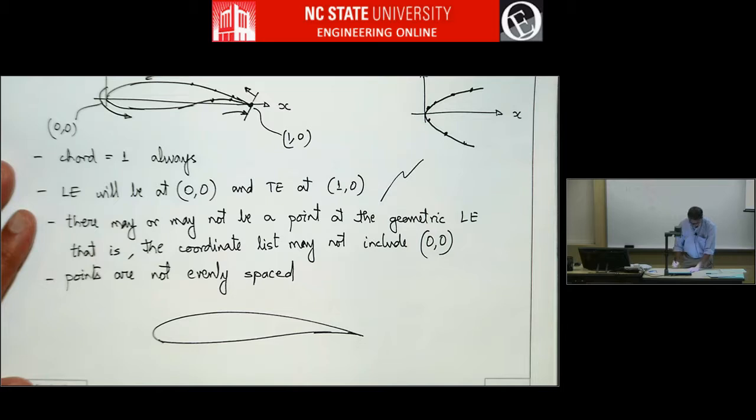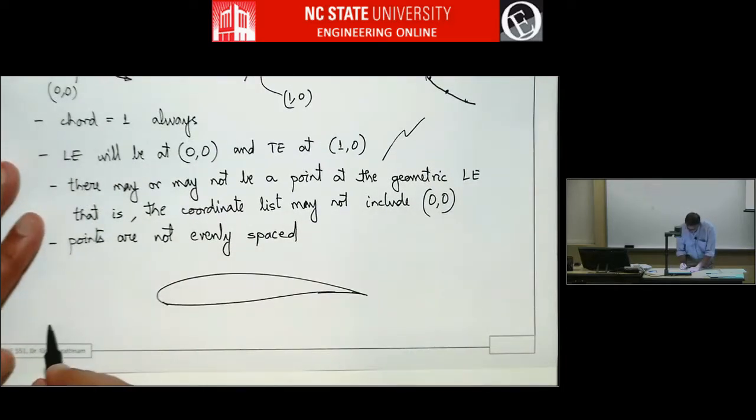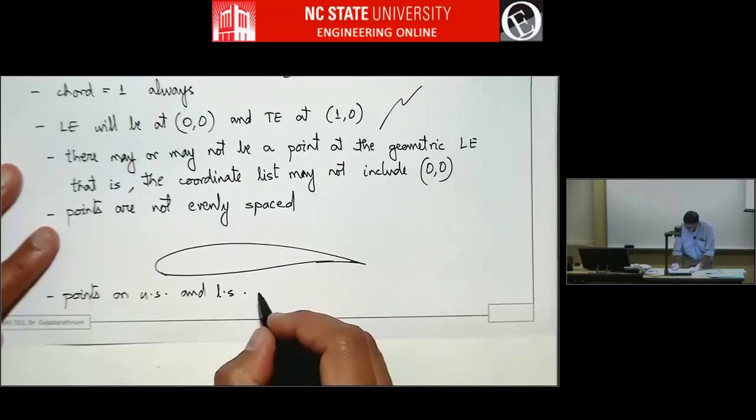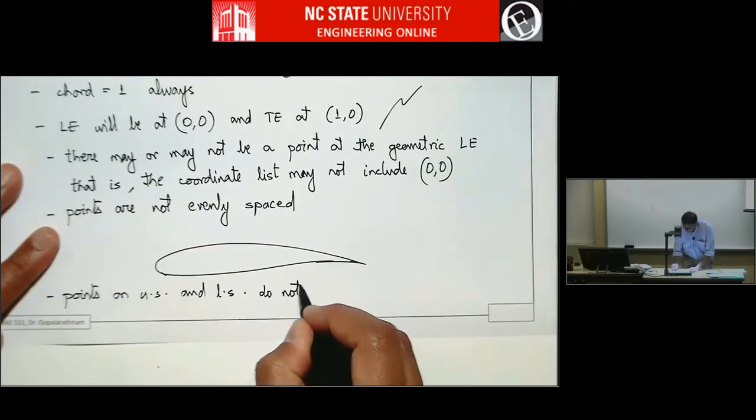Okay, let me write one more bullet item, and then we'll sketch it. The points on upper surface and lower surface do not necessarily coincide.